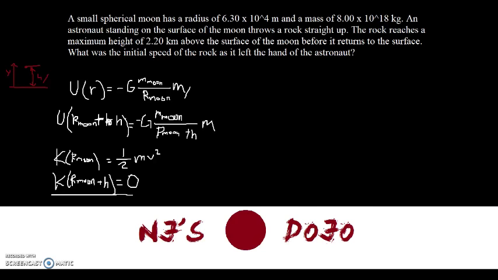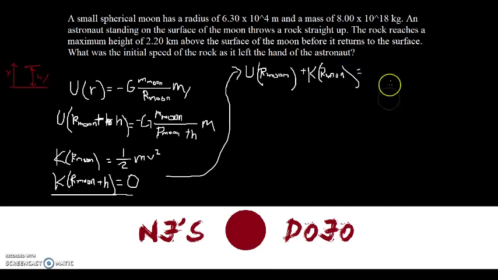Okay, so now we can manipulate the conservation of energy equation. So it would be the potential energy at the radius of the moon plus the kinetic energy at the radius of the moon is equal to the potential energy at radius plus maximum height, plus the kinetic energy in terms of radius plus height.